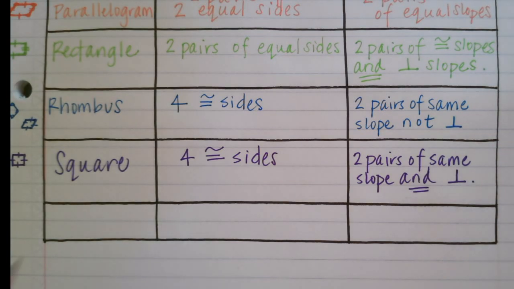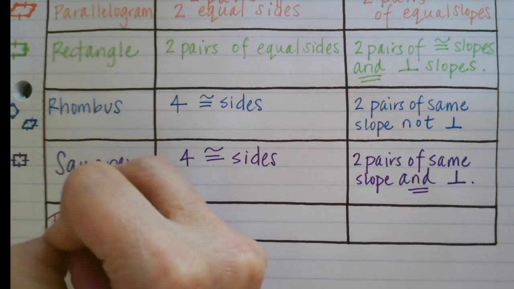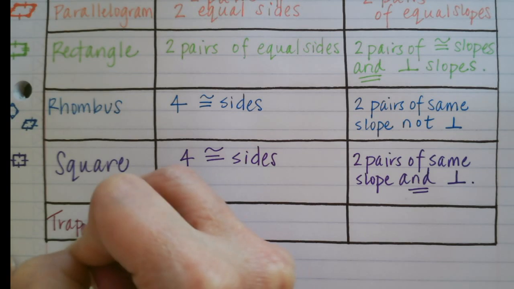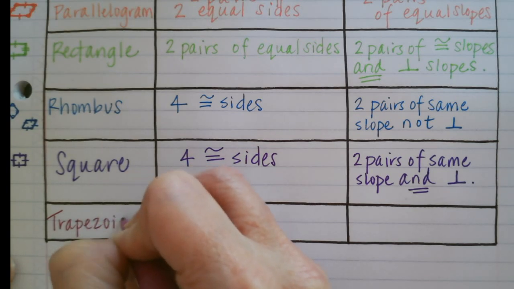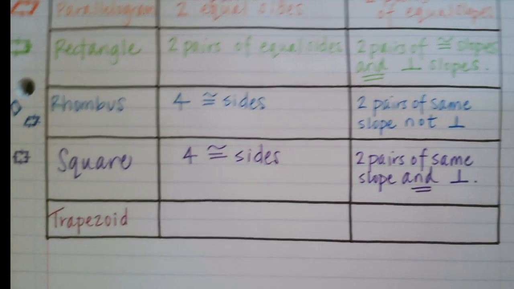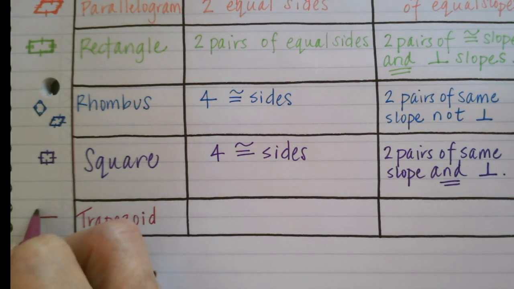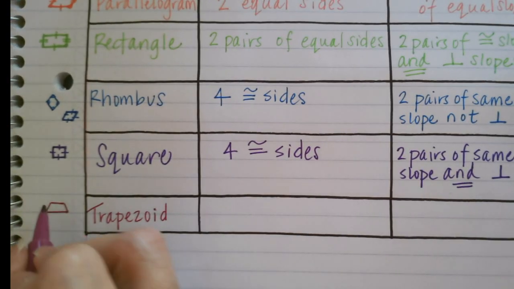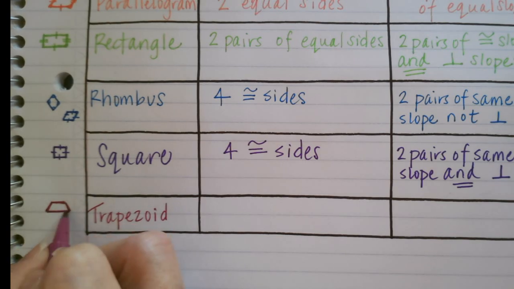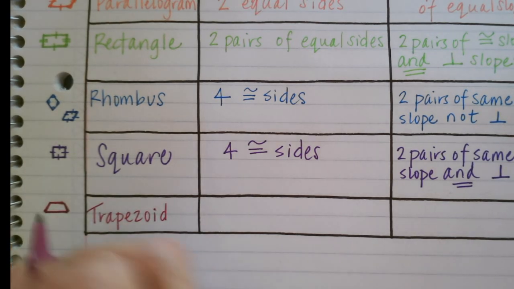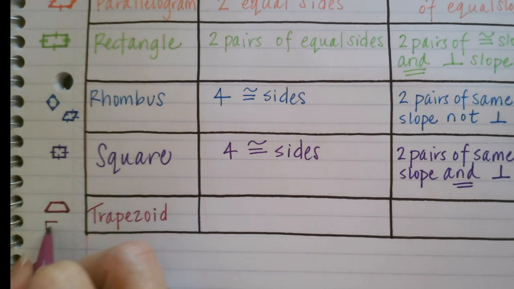Okay. All right. Last one is a trapezoid. Now, there's lots of trapezoids. So the bottom line, though, is that there is an isosceles trapezoid, and that's the one that looks like this, okay? Where these 2 legs are the same length, but they don't have to be. We could have a trapezoid that looks like this.